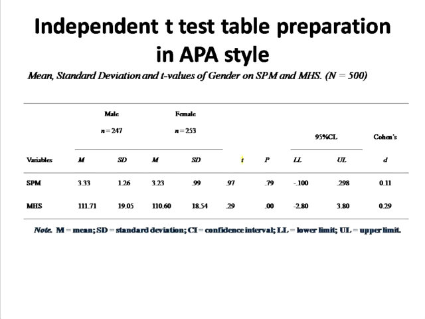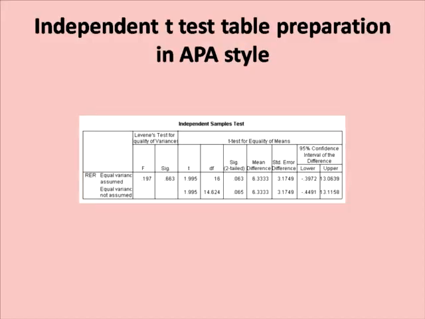And second, T. From where do we get the T? From the second table, the independent samples test, here is the T value. Both have two rows of T, and the two rows' values are equal.